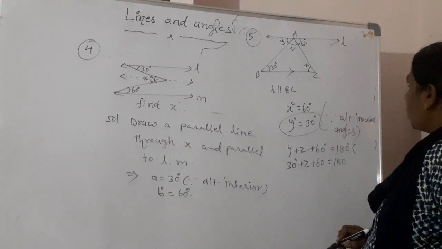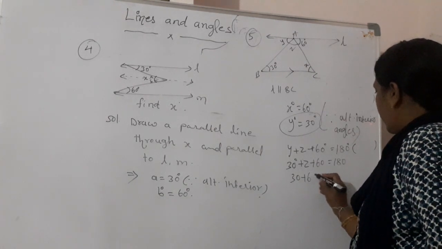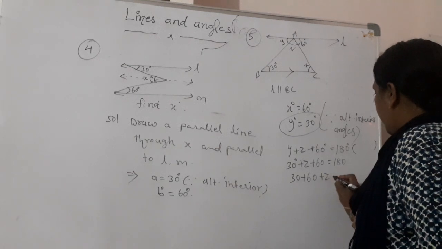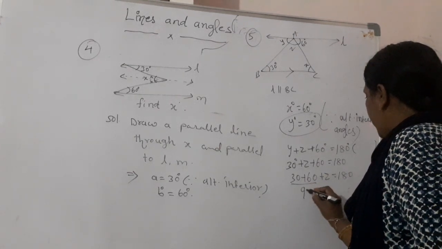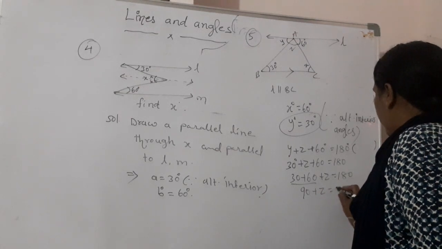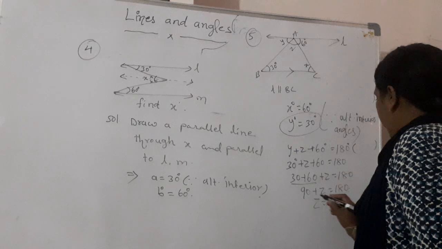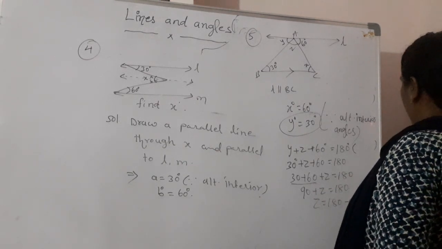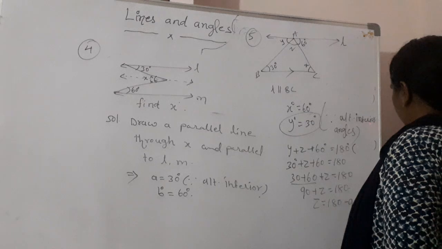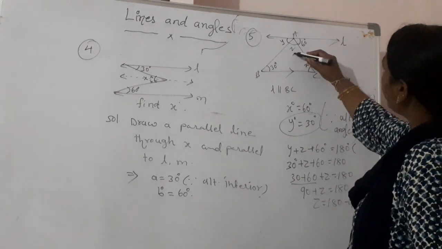So 30 plus 60 plus z is equal to 180. See here, 30 plus 60, 90, plus z equal to 180. So z equal to 180 minus 90, 90. So z will be 90.